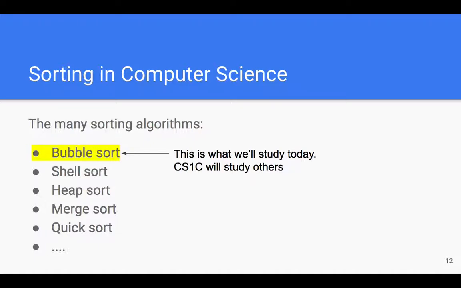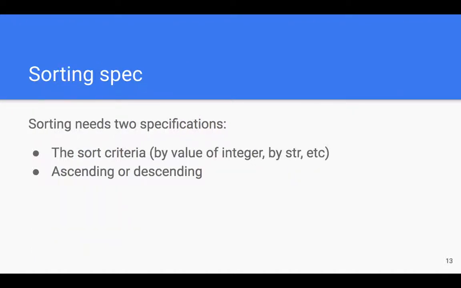One of the easiest to understand is bubble sort, and that's what we'll study in CS3A. Other sorting algorithms are in 1C and 3C. The reason we talk about bubble sort is that it's one of the easiest to understand, but it's also the slowest. But anyway, we have to start from somewhere, and we start with bubble sort.